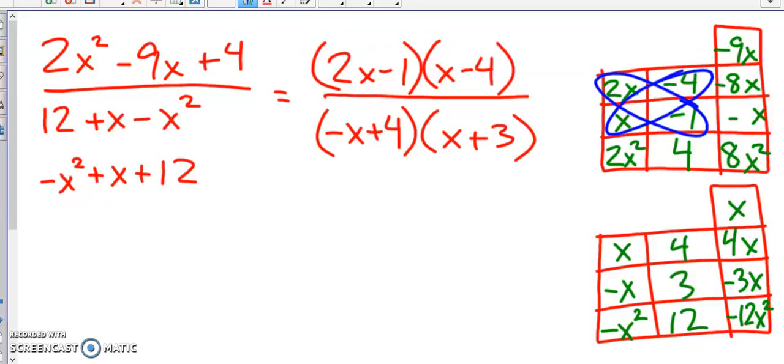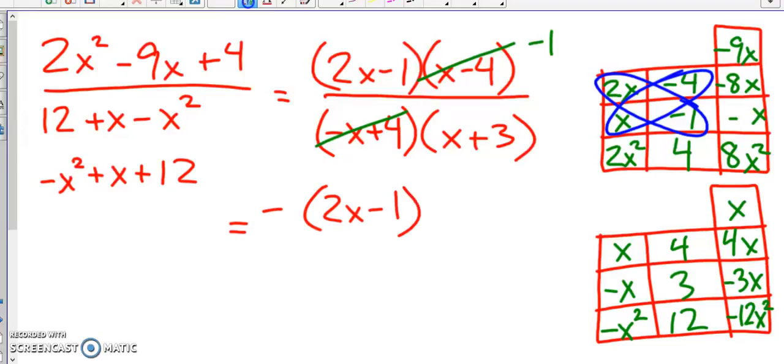When that happens, you can technically cancel those, but you're left with a negative 1. So when I cancel these, I have a negative 1 to deal with because they're opposites. It's kind of like how 2 divided by negative 2 is negative 1. So I just have to keep track of that negative 1 there. So what happens here is I have negative (2x minus 1) over (x plus 3).